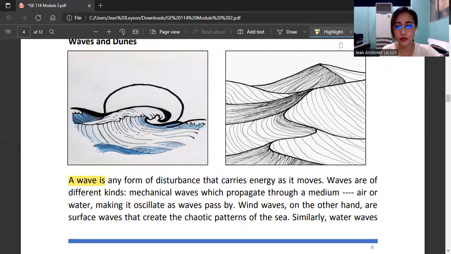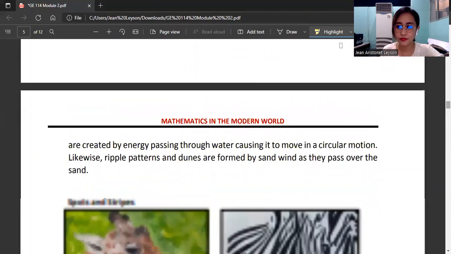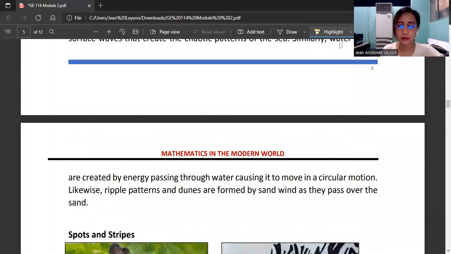We have mechanical waves, which propagate through a medium, air or water, making it oscillate as waves pass by. Wind waves, on the other hand, are surface waves that create the chaotic patterns of the sea. Similarly, water waves are created by energy passing through water, causing it to move in a circular motion.